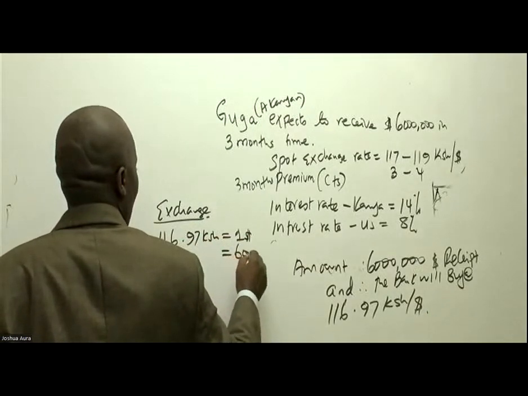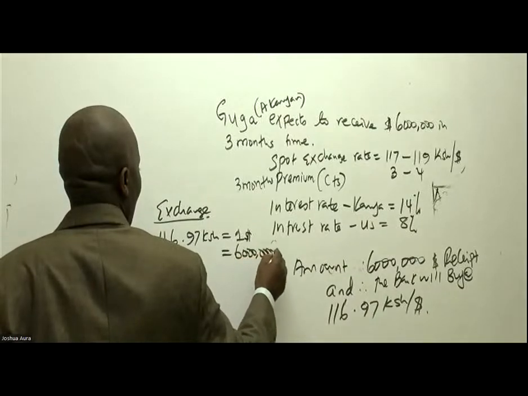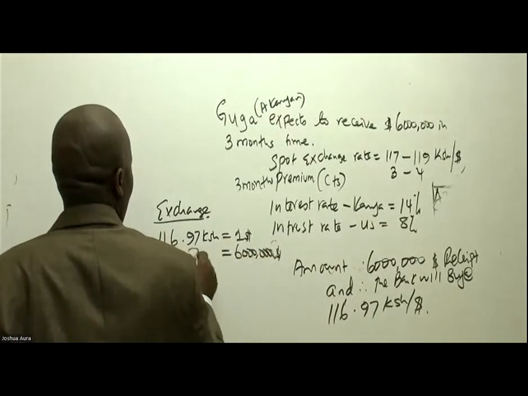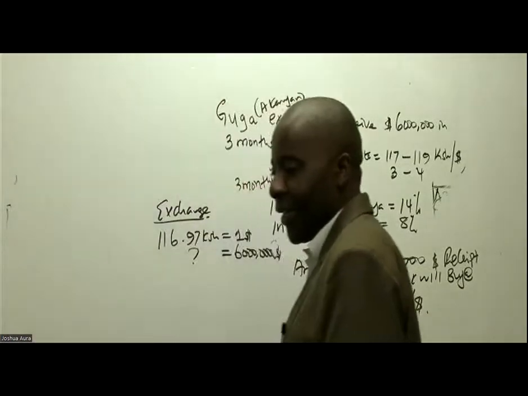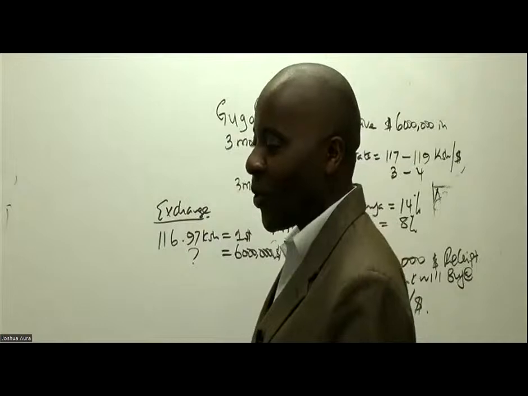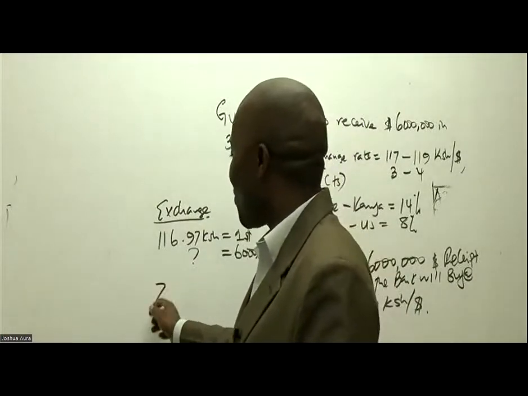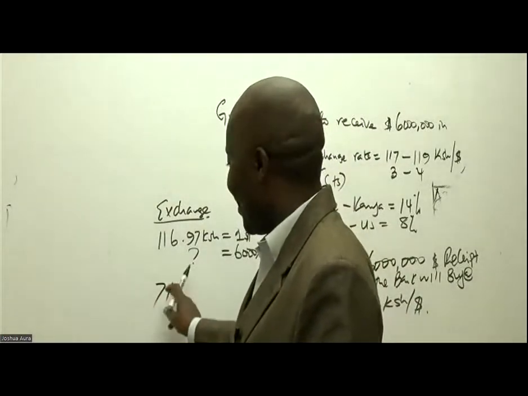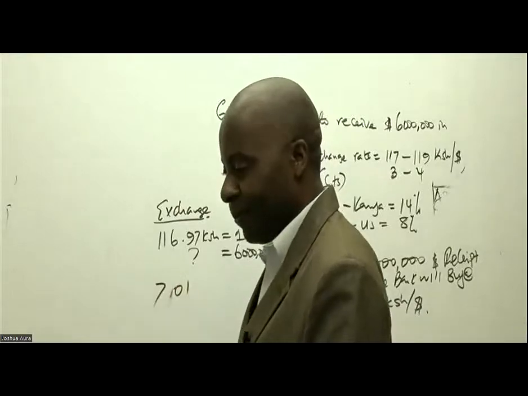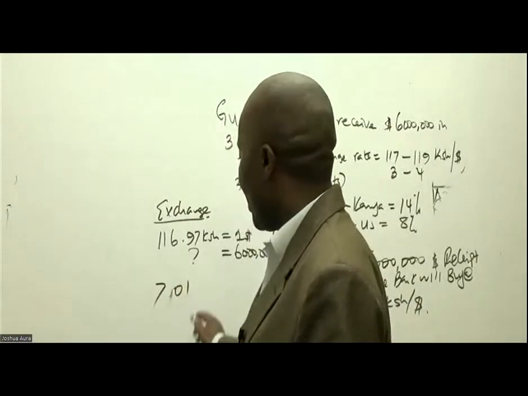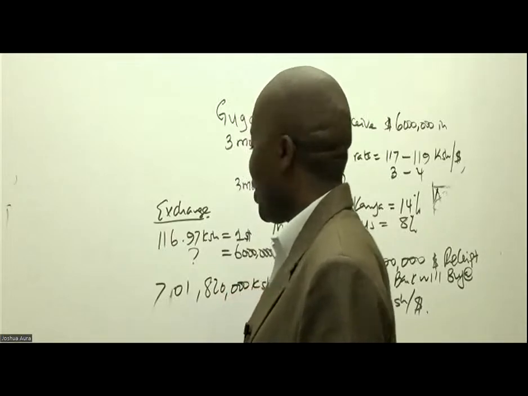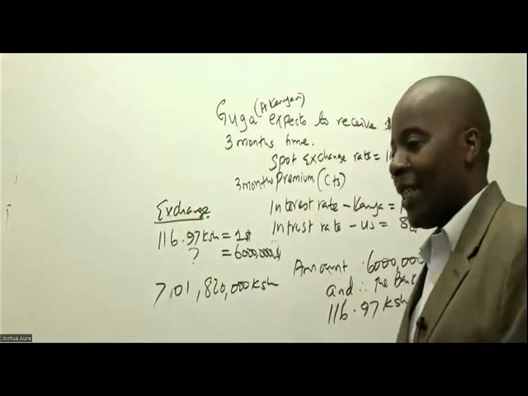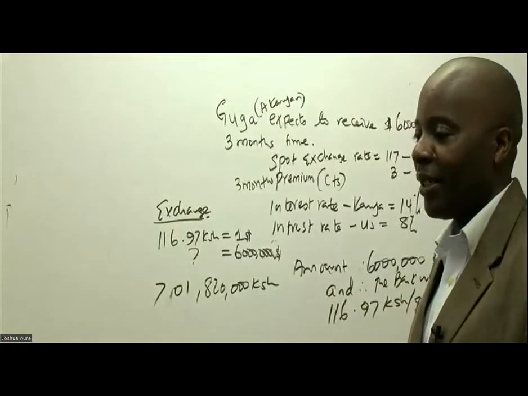How about 6 million US dollars? So please cross multiply and see whether these men who had tried it never got it correct. It is supposed to be 701,820,000 Kenya shillings. Please underline that.